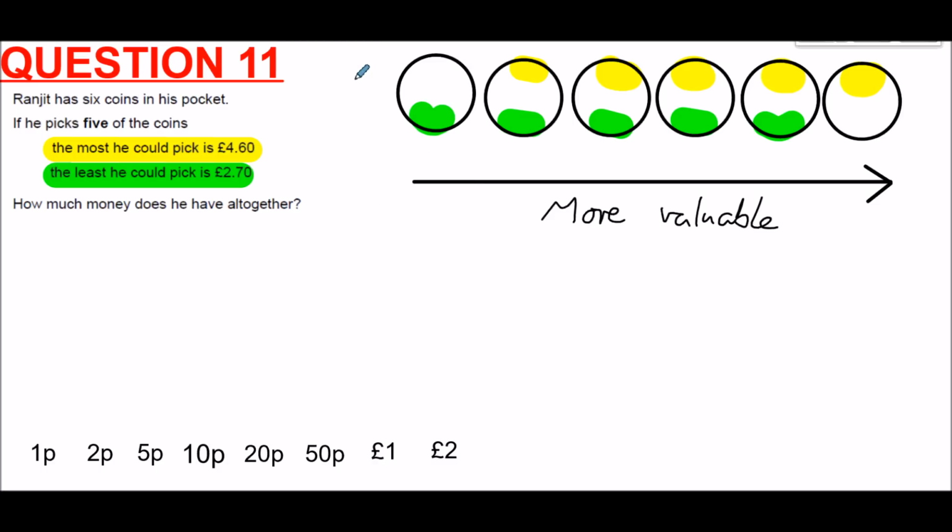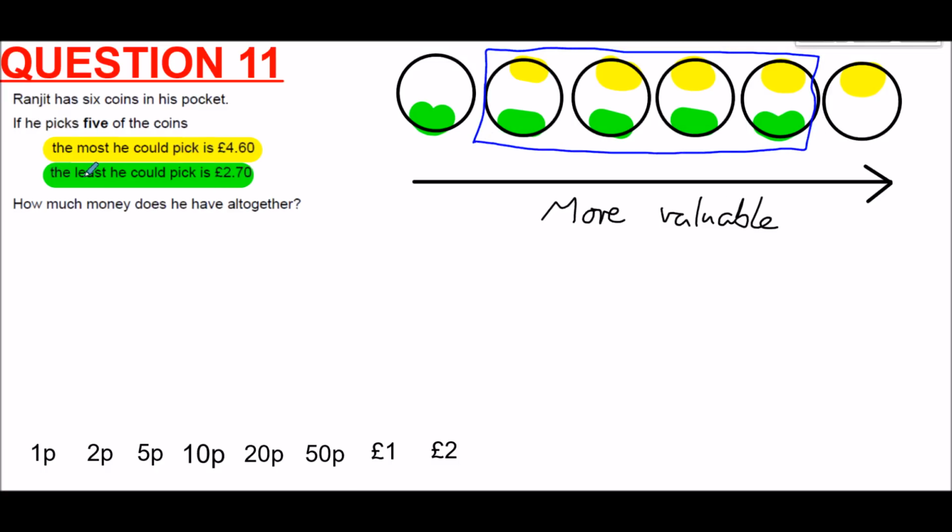So if you think about it, whether he picks the most valuable coins or the least, he'll always pick the middle 4 coins. So he always picks the middle value 4 coins, no matter what.